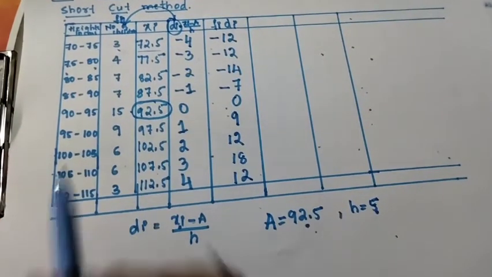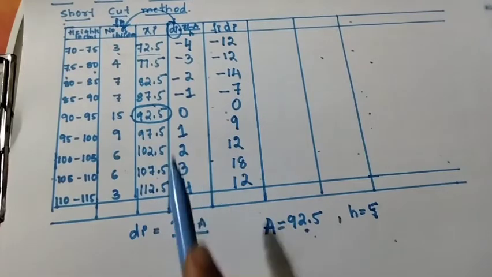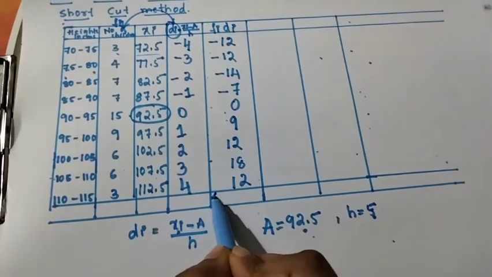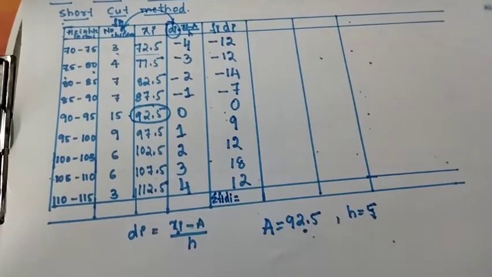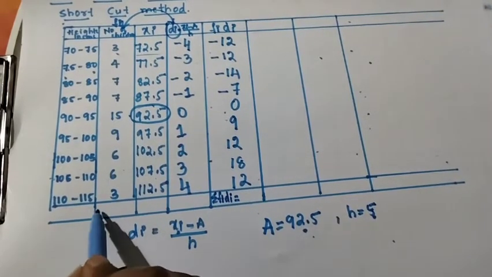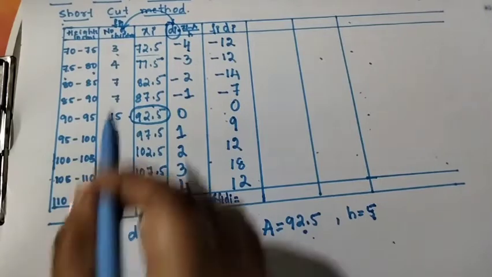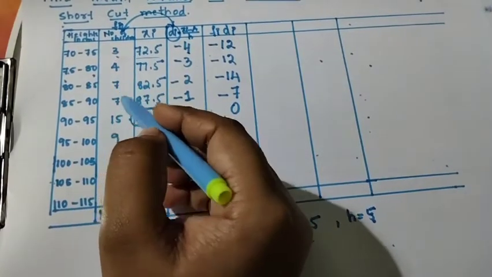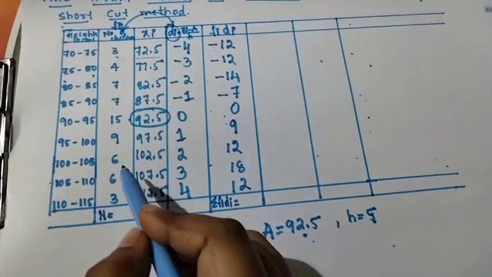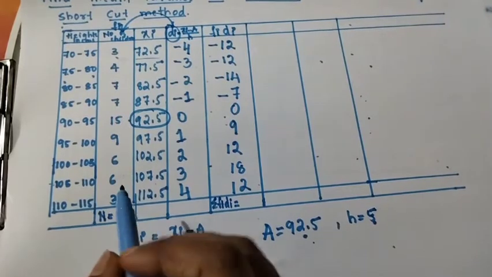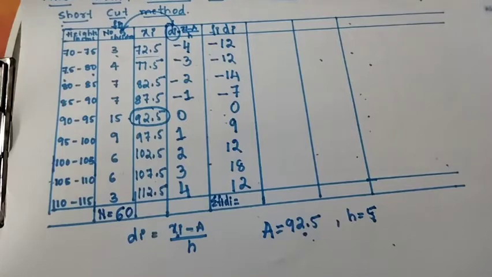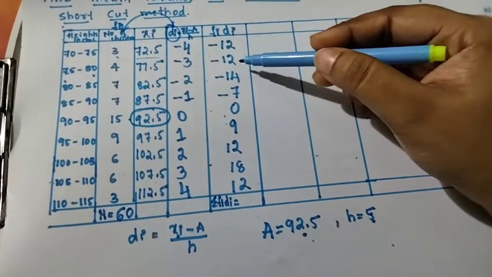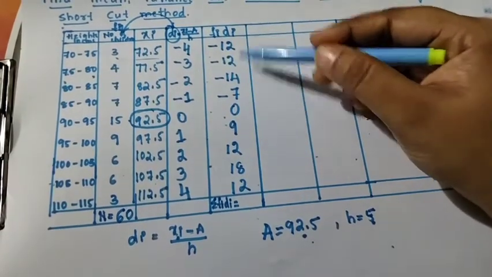Okay, so you have to multiply fi and di column. So this will be equal to summation fi into di. Okay, so here we have n. We have to add all these: 3 plus 4 plus 7 plus 7 plus 15 plus 9 plus 6 plus 6 plus 3. So I think you get the value as 60. Okay, so here minus 12, minus 12, minus 14, minus 7. Add these all.